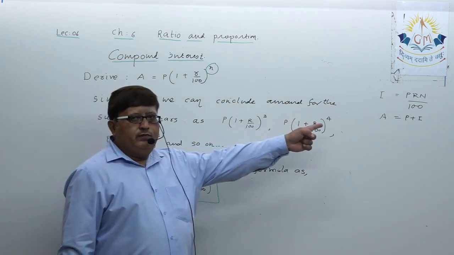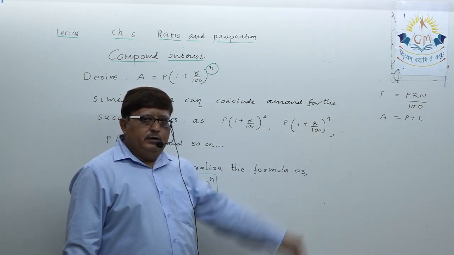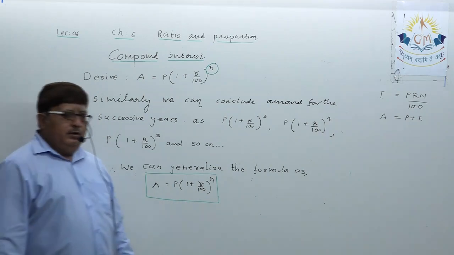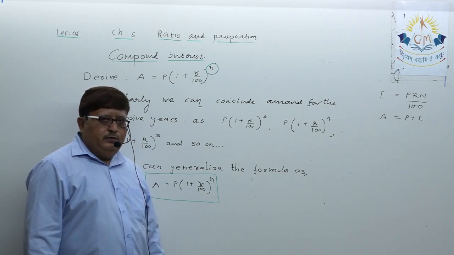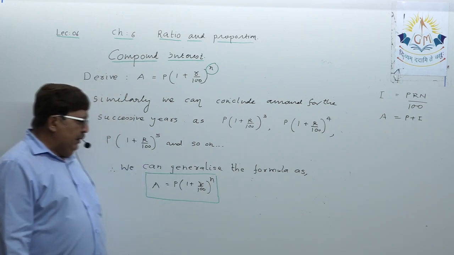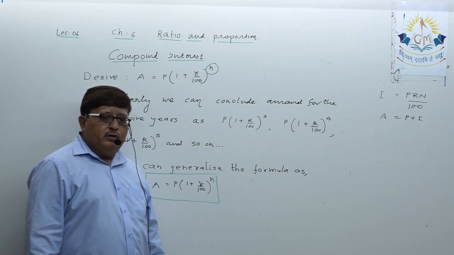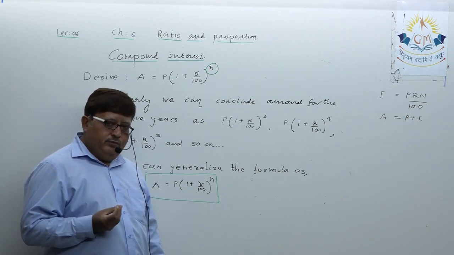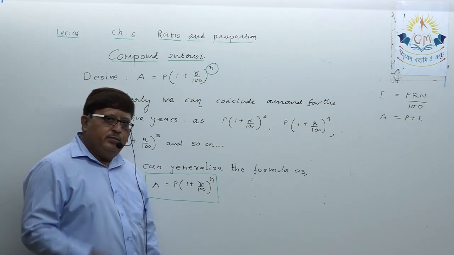and this is the formula of amount in simple interest, A equal to P plus I. So this derivation is very important. Understand? And I may ask about this derivation also. How did you get the formula of amount in compound interest? This can be asked.